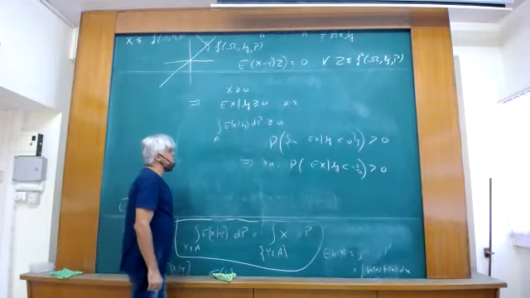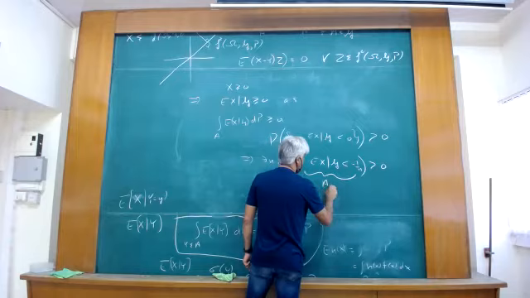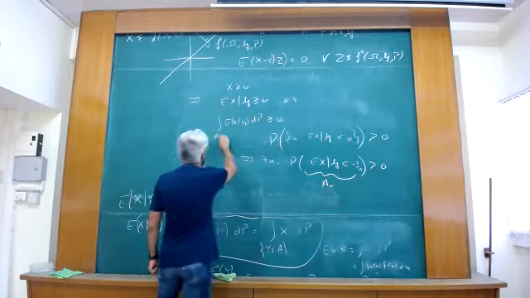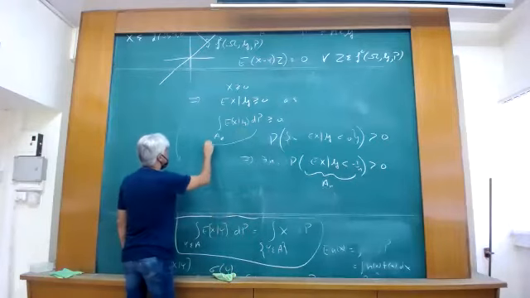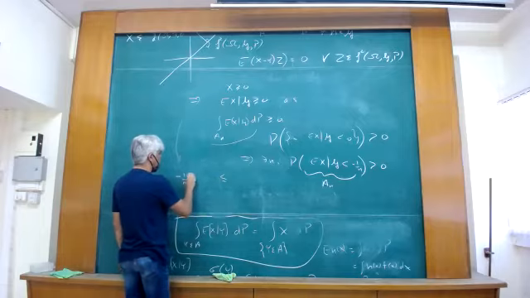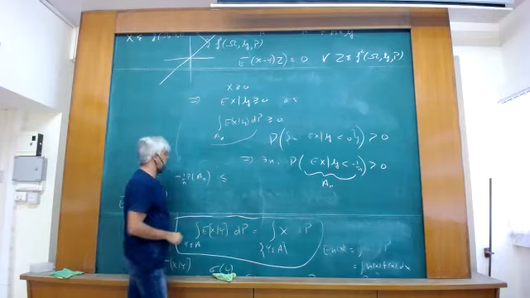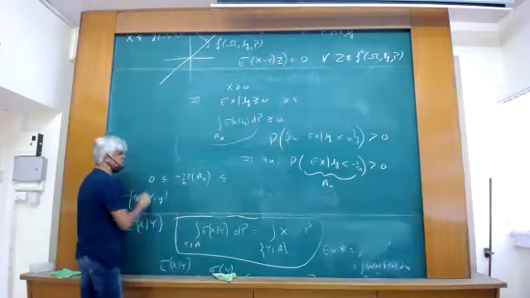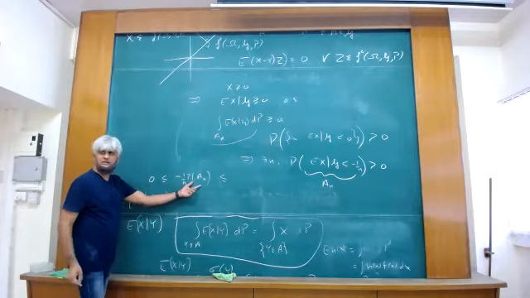Now let's call this set A_n, and let's look at this quantity at A_n. Then we know that this quantity is less than or equal to minus 1 by n times the probability of A_n, and it's also greater than or equal to 0. So the only way that can happen is if P of A_n is equal to 0.